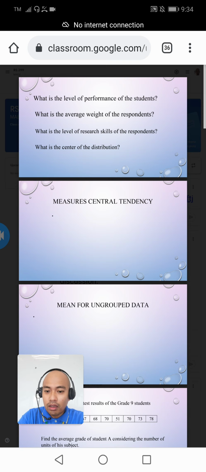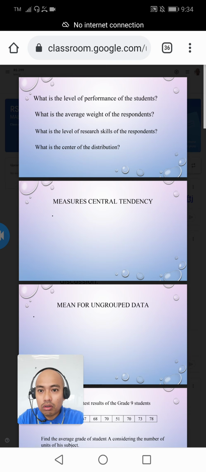When we are talking about measures of central tendency, we talk about averages. So the mean, median, and the mode are all focused on the average, or the midpoint, or the center of a particular distribution, the center of a particular data.